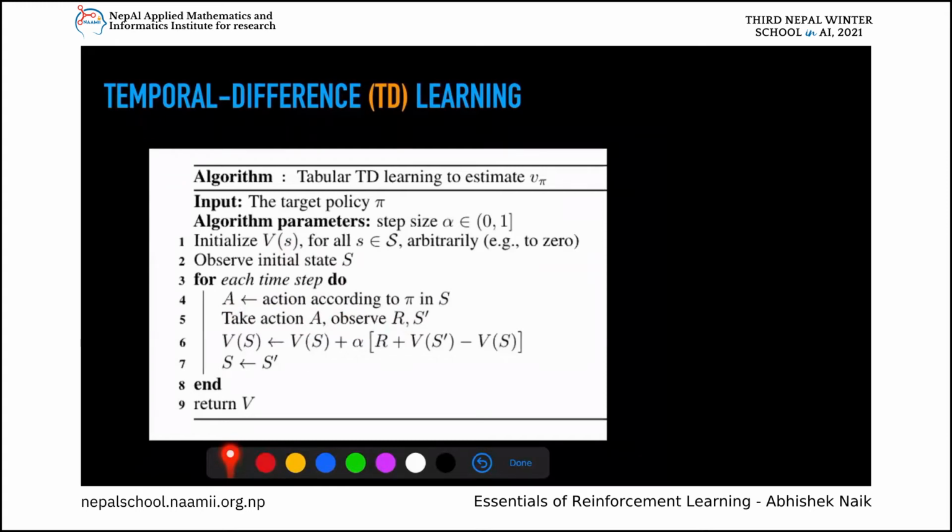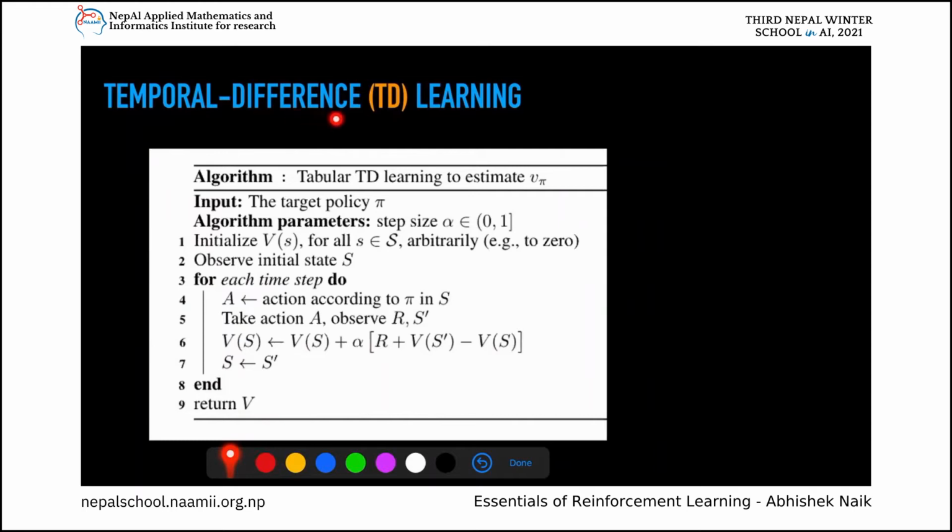And with that, we will improve our estimate of state S using the update rule that we just discussed. And we update the state we were in, and then this loop goes on for every time step till convergence, and then we return the value V.